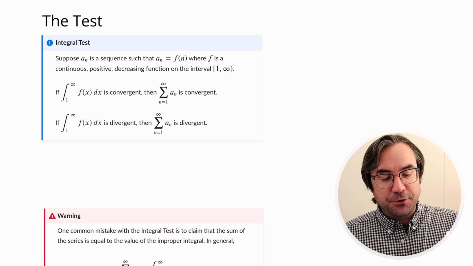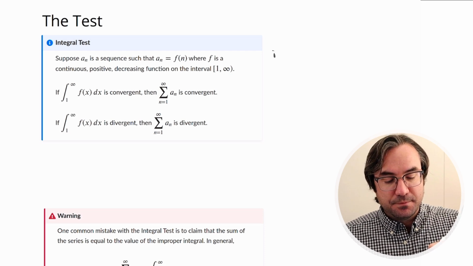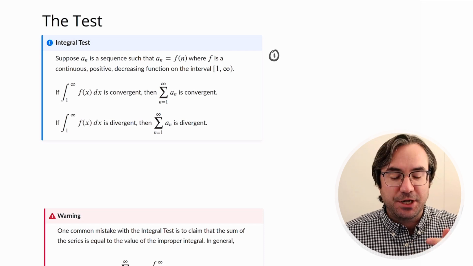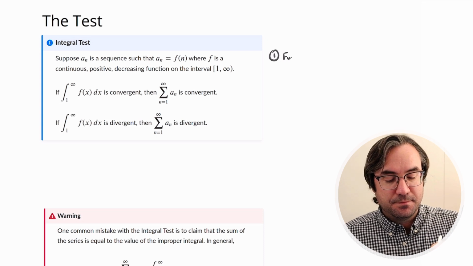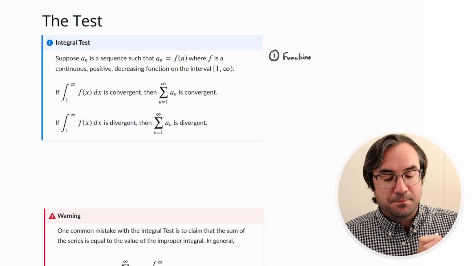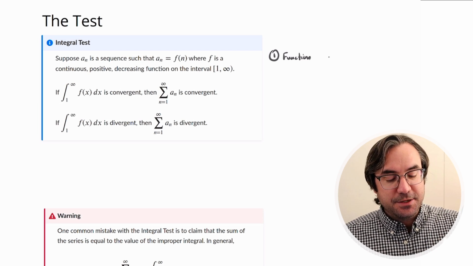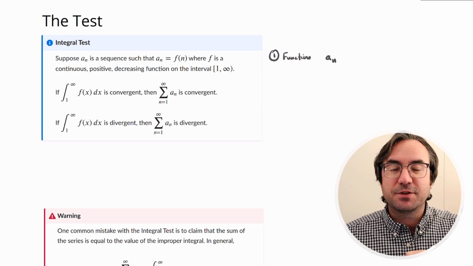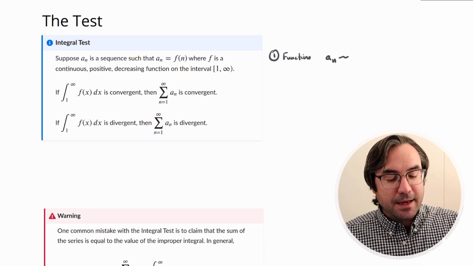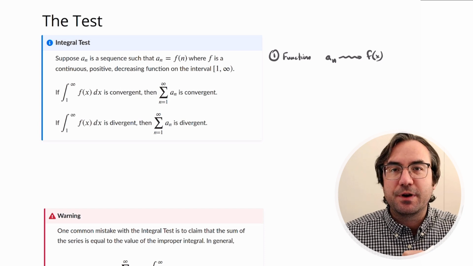So we first have to state the function. The idea is we're taking the terms of our sequence a_n and we want to produce a real variable function.